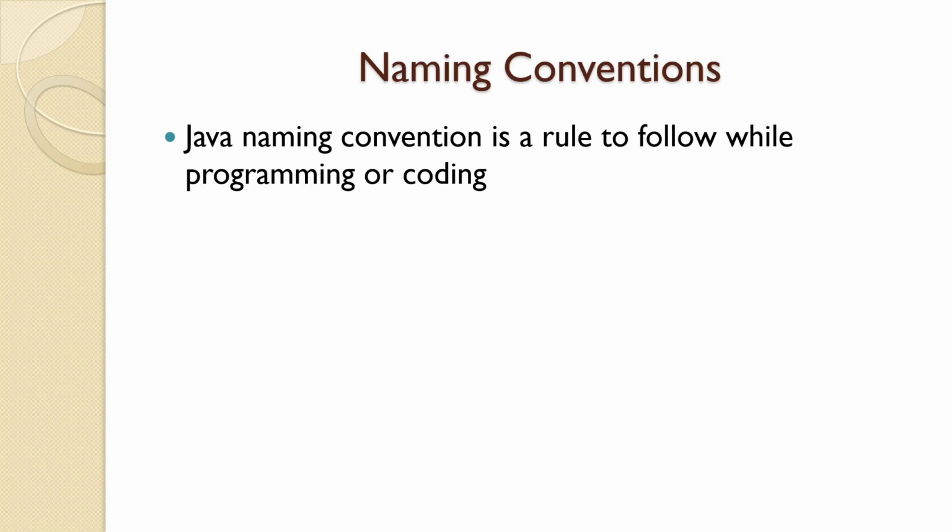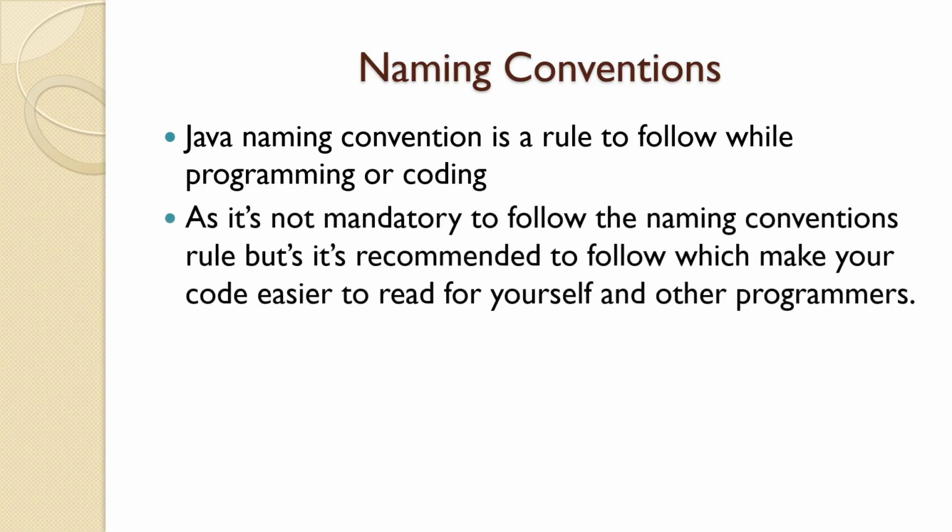So for that, these naming conventions are used. While coding we have a set of rules. It is not mandatory to follow the naming conventions, but it is recommended, which makes your code easier to read for yourself and for others to understand.